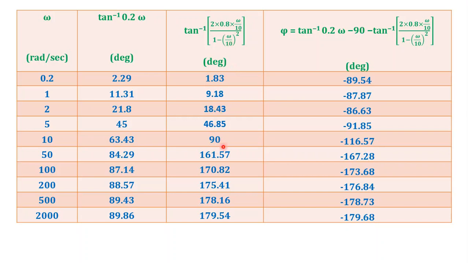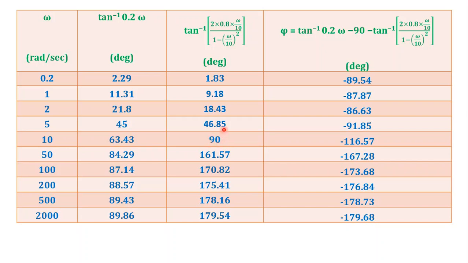We know very well that there is going to be a sudden jump in the angle corresponding to omega equal to omega n. This also we have seen while analyzing the phase angle plot of a complex conjugate pole factor for a general expression 1 by 1 minus u square plus j 2 zeta u. For the transfer function we have done the magnitude plot and phase angle plot.